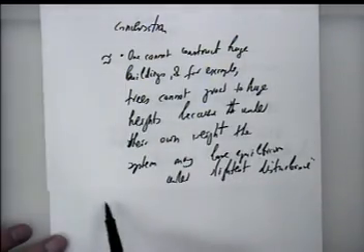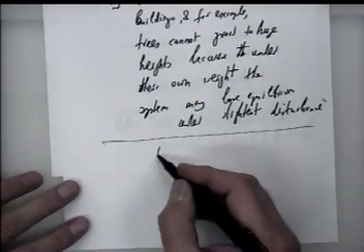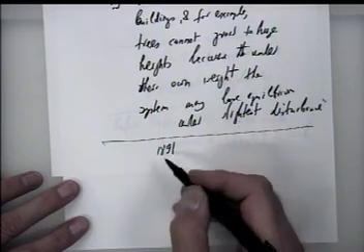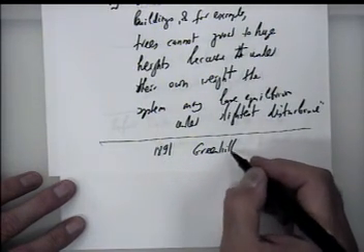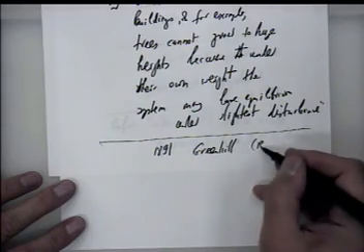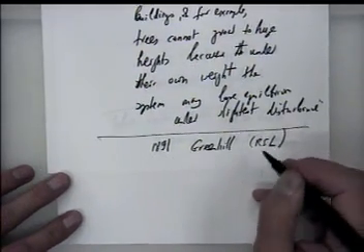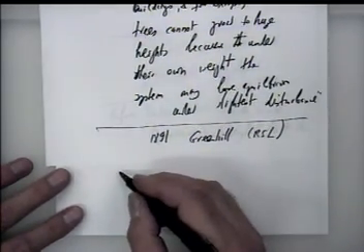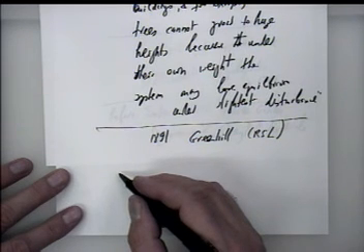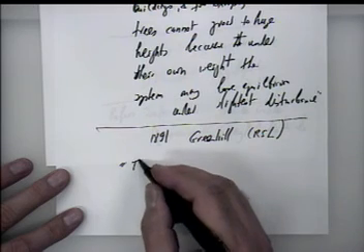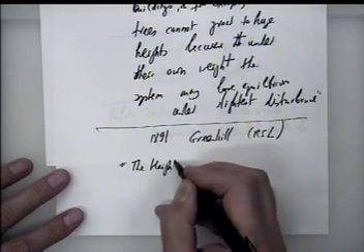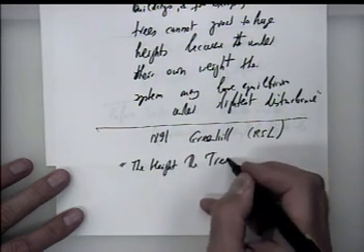And interestingly, in 1891, Greenhill in England published in the Proceedings of the Royal Society of London a paper which is just one sentence and I'm done. The paper is called The Height That Trees Can Grow.